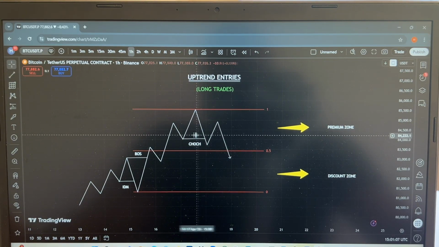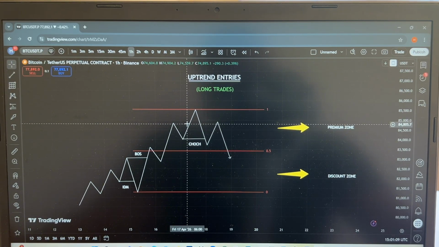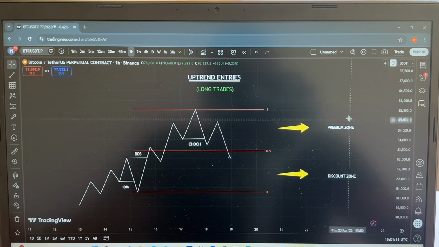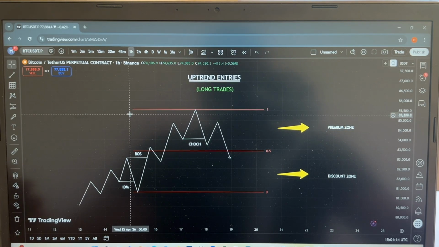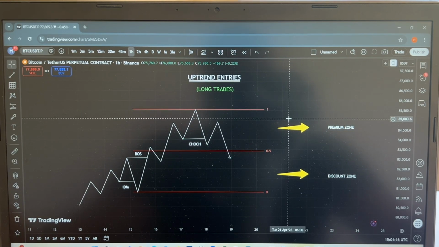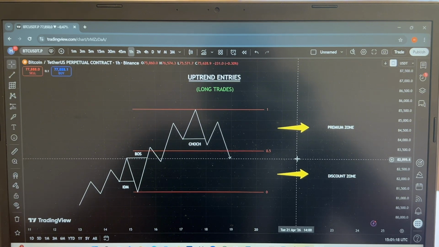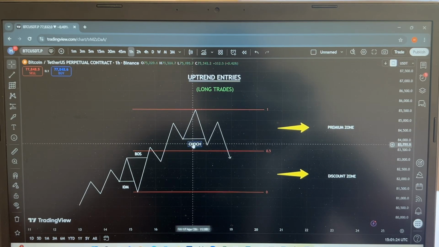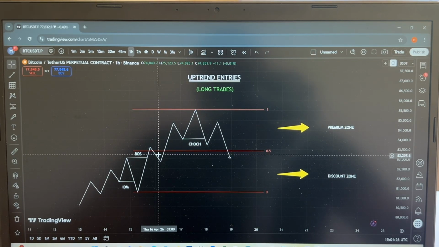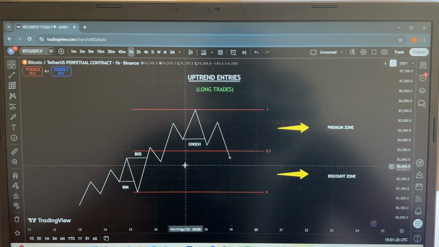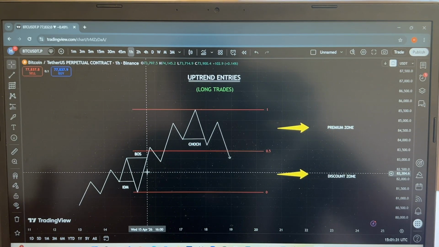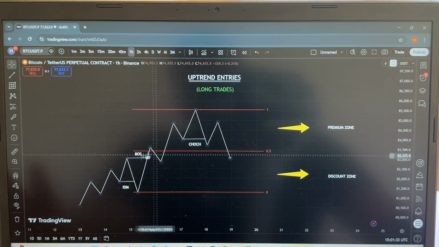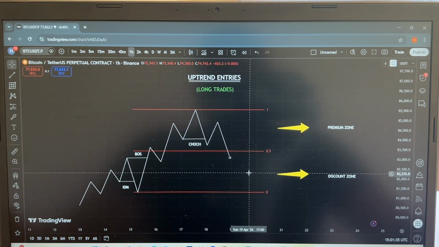We do not get into trades, we do not find FVGs or order blocks within this premium zone. We always neglect this part. We only find FVGs, order blocks, and hidden order blocks, everything else, only between this area. Always keep that in mind, because we only get into trades in this zone.